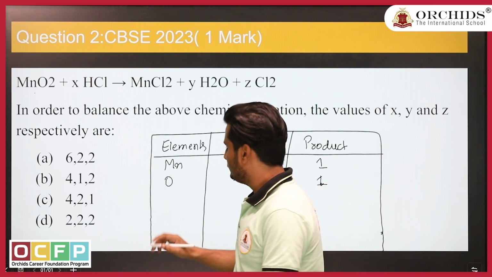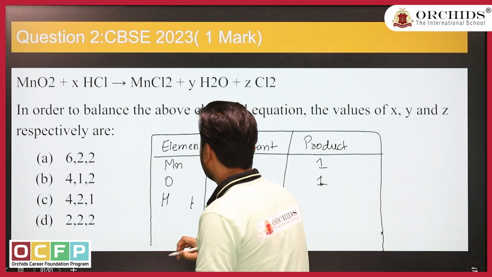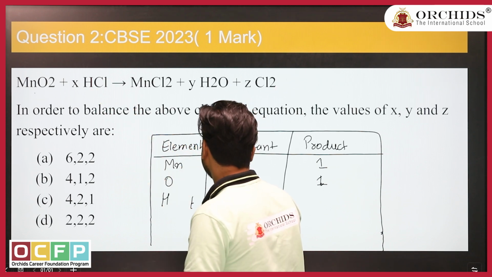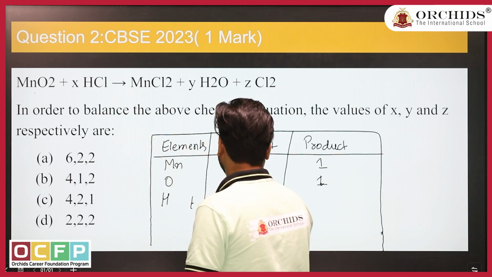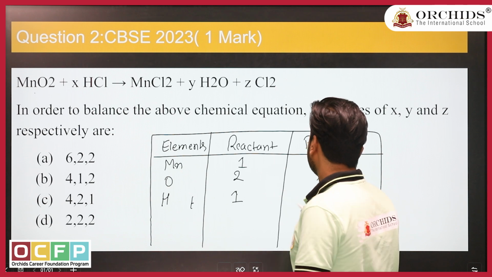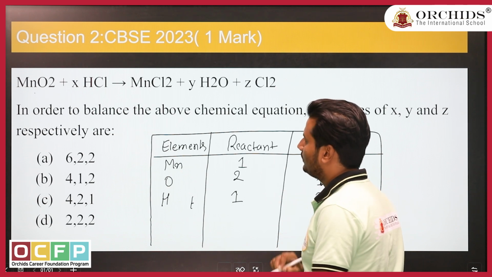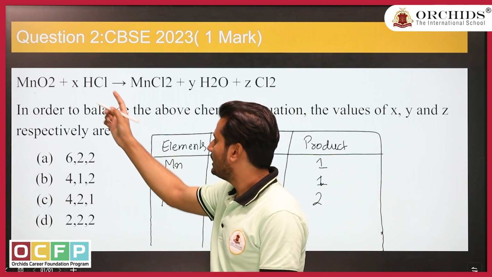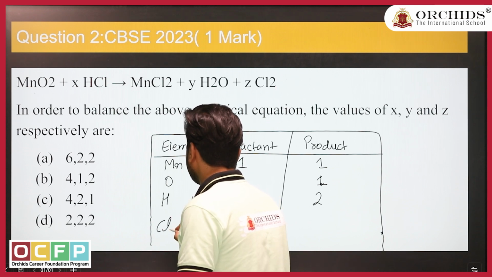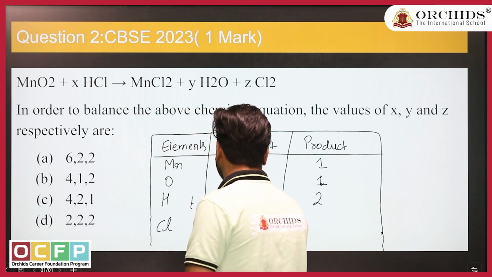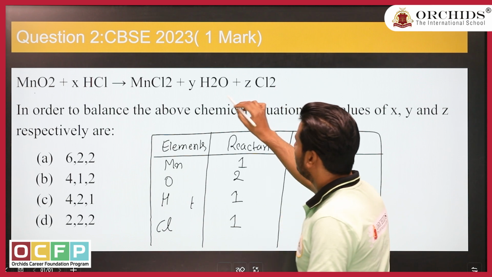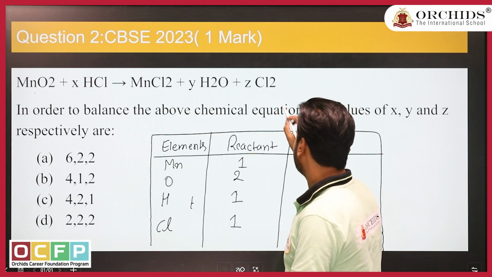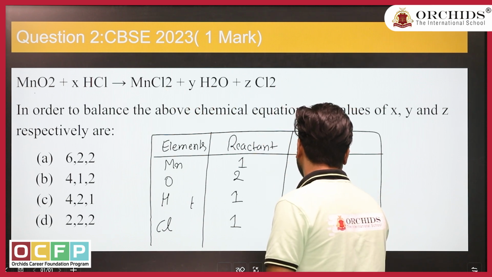Next we have hydrogen. We have one atom on the reactant side and two atoms on the product side. Next we have chlorine. We have only one atom on the reactant side, but on the product side we have 2 plus 2, 4 atoms.